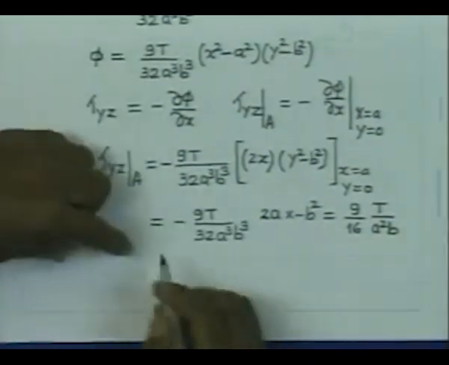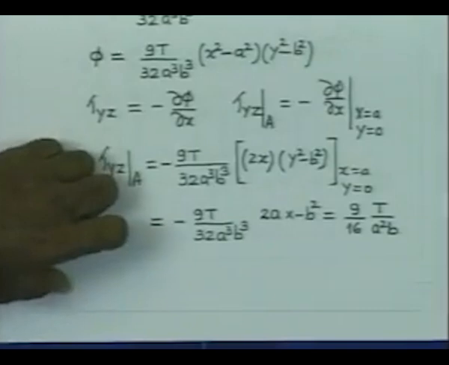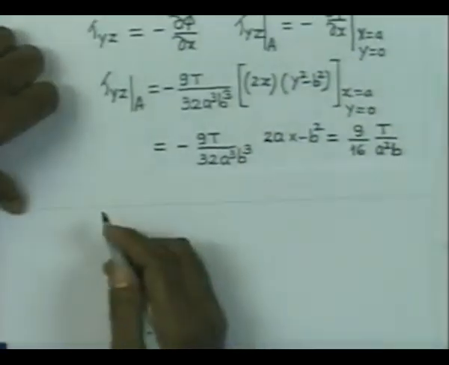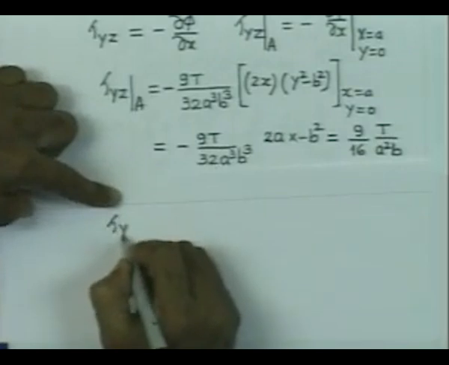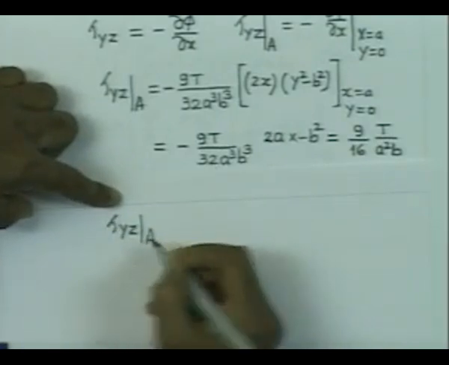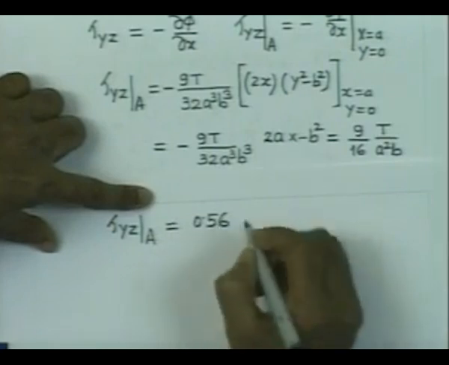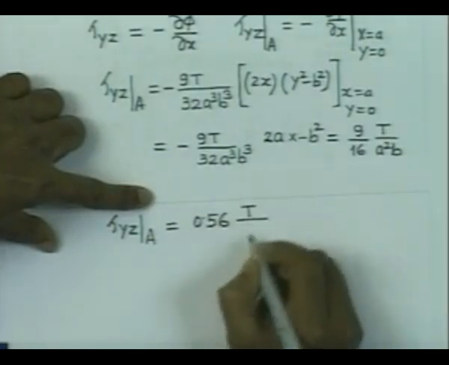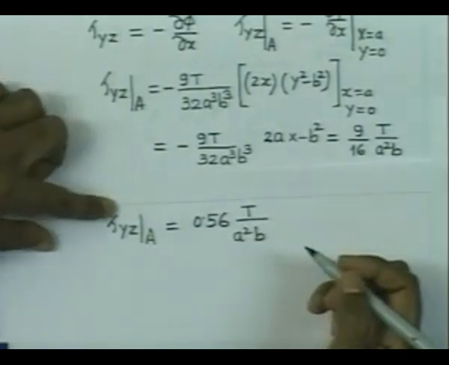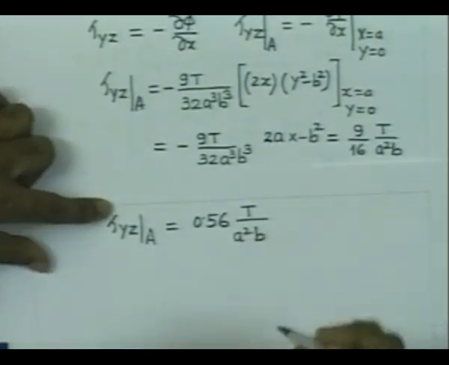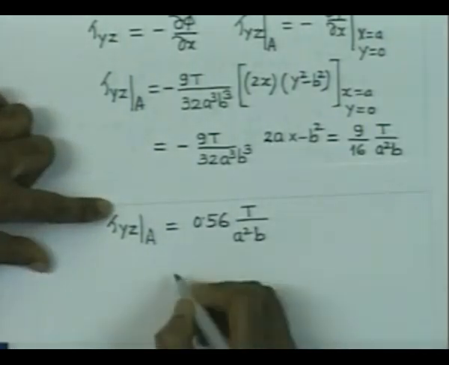and this is approximately equal to 0.56 t by a square b. When a equal to b, then we have a square cross section.